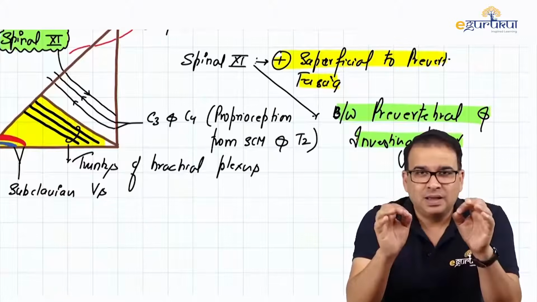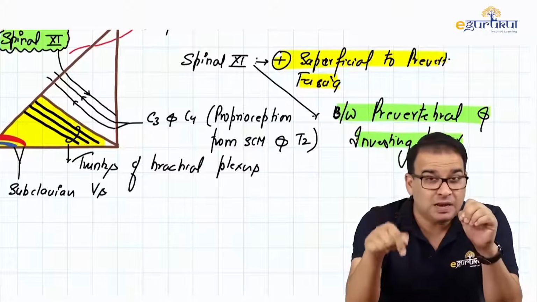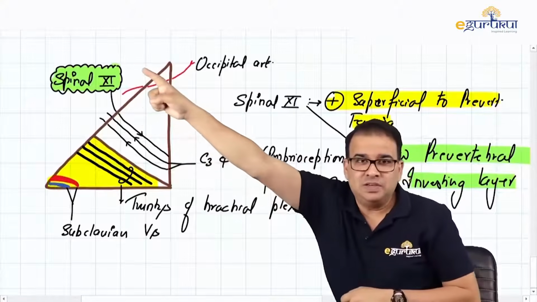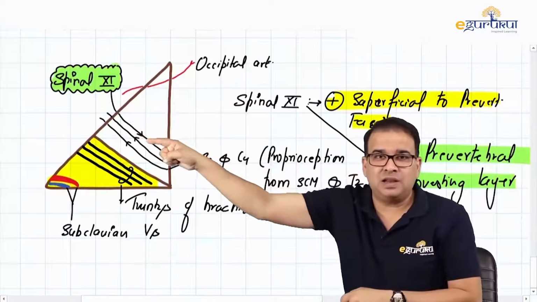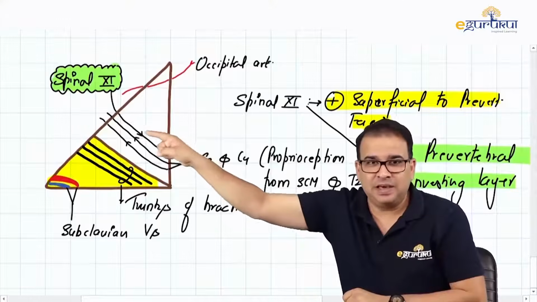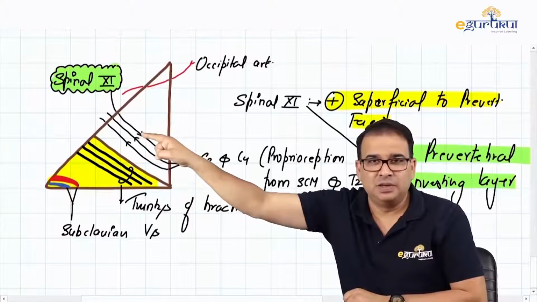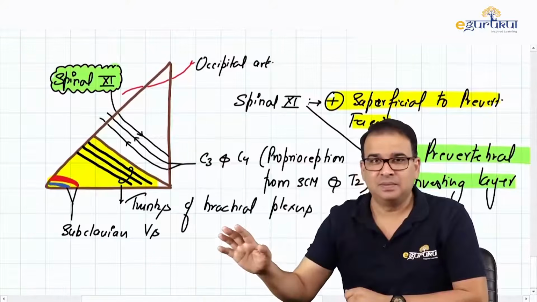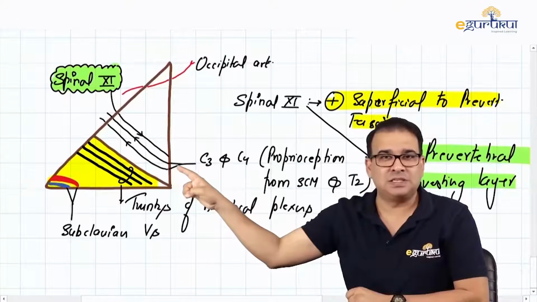Because when you say injury to the spinal accessory nerve in the posterior triangle, that means the injury is somewhere in this triangle here. The nerve is coming like this, then coming into this triangle and supplying trapezius. So if the injury is to the spinal accessory nerve here, it means the sternocleidomastoid is already supplied, and the nerve is going on to supply the trapezius muscle.